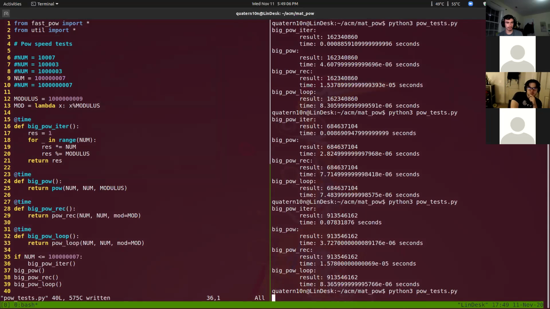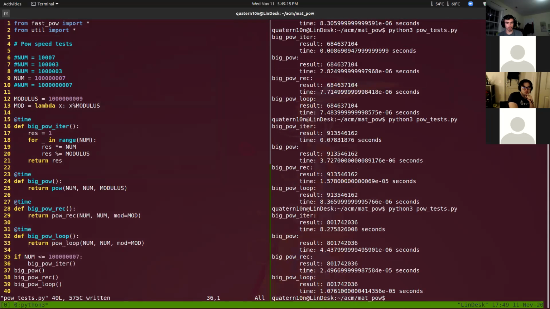And that's because this takes, I think, 7-ish seconds to do the iterative POW, whereas the other two are still pretty fast. The looping POW is about half as slow as the built-in POW, and the recursive one's starting to get quite a bit slower.